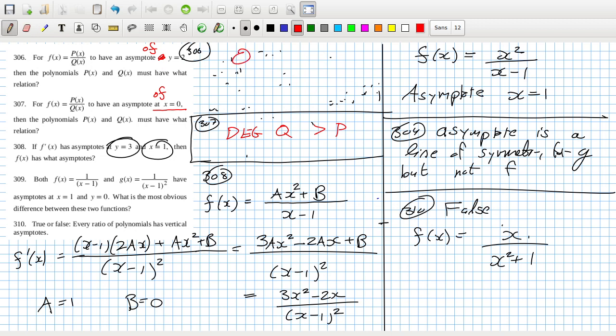So that would mean Q of 2 equals 0 and P of 2 is not equal 0. Oh, well, actually, it doesn't have to be at 2. Sorry. No, it does. Y equals 2. Oh, no, that's the horizontal one, isn't it?